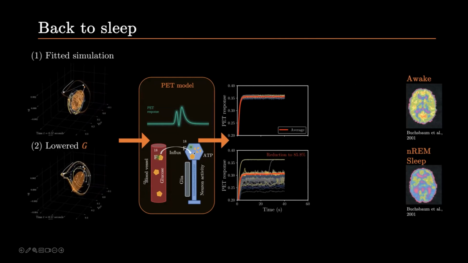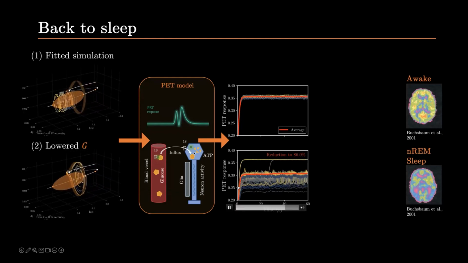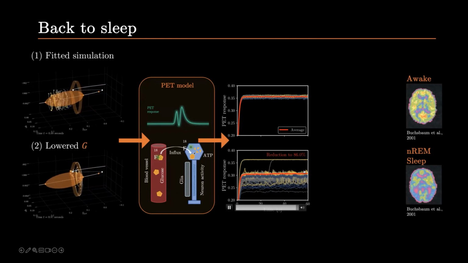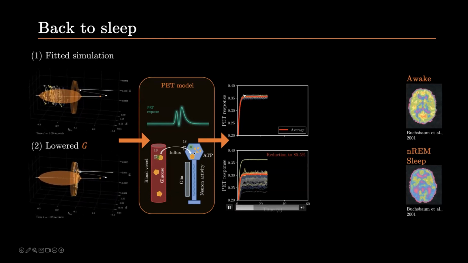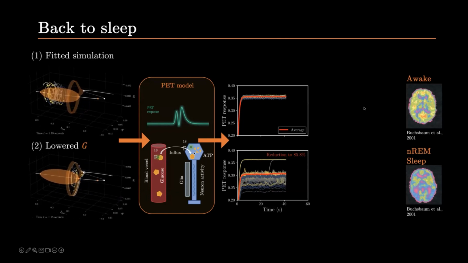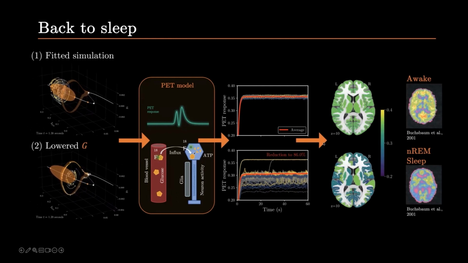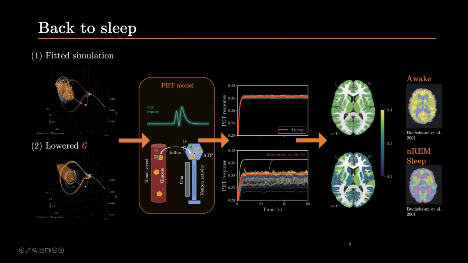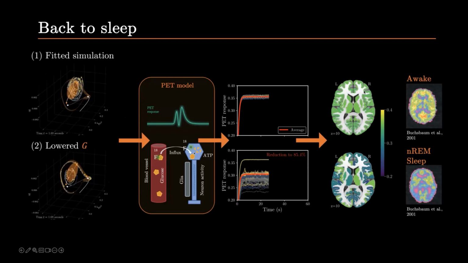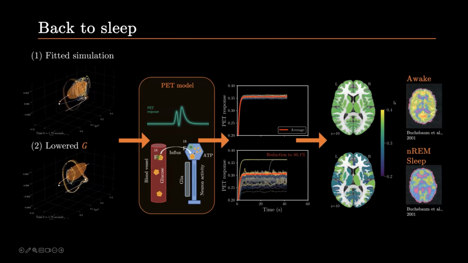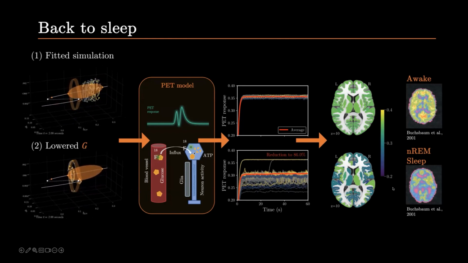We see clearly that the case with lower G, where most of the nodes are on the delta limit cycle, on average has a PET response which is 86% less than what we observe in the resting state. We can also create an image of how the PET response and the ATP concentration look, which resembles the reduction we observe in the empirical data from awake versus non-REM sleep.